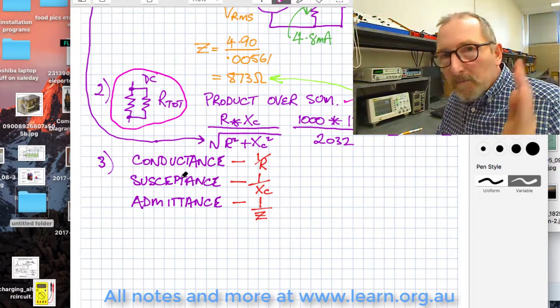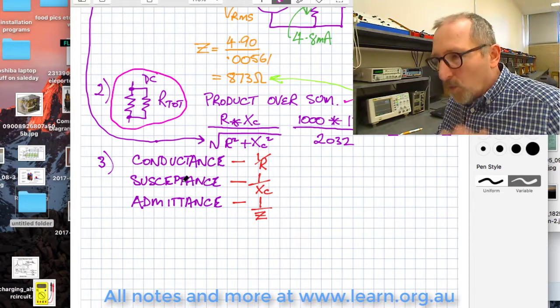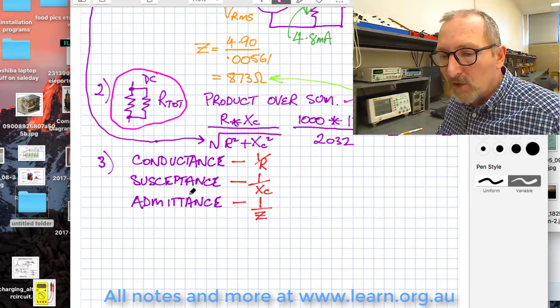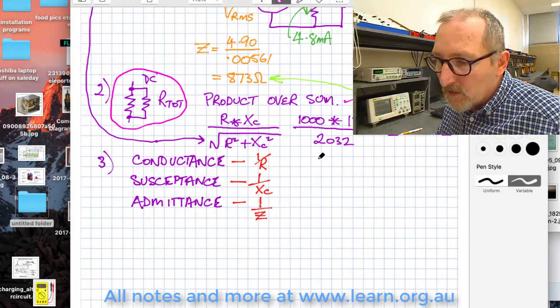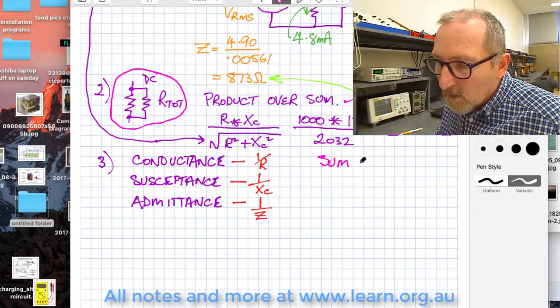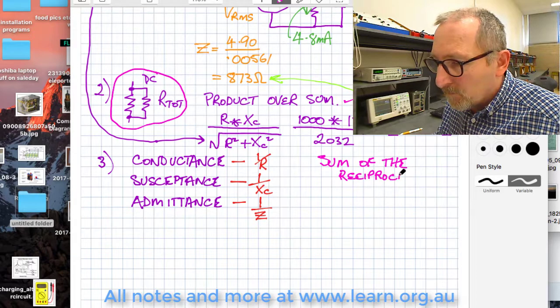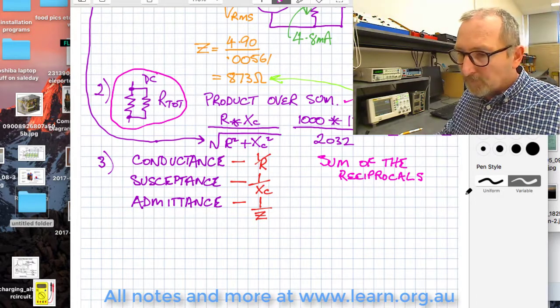But when you've got multiple resistors or multiple resistances and reactances, perhaps it's better to use this method, and this is the sum of the reciprocals. The sum of the reciprocals.